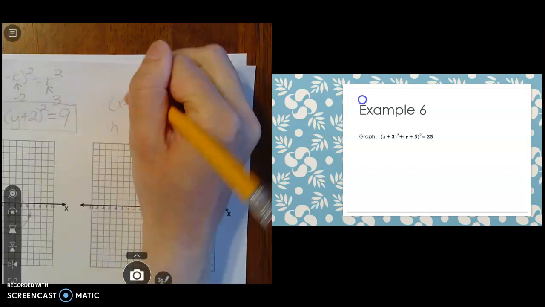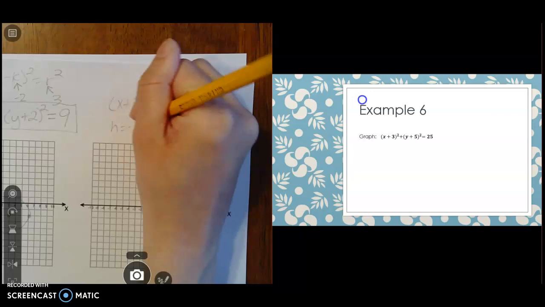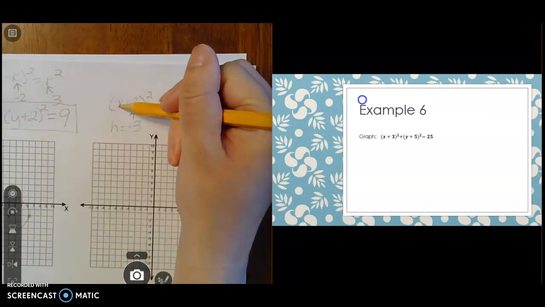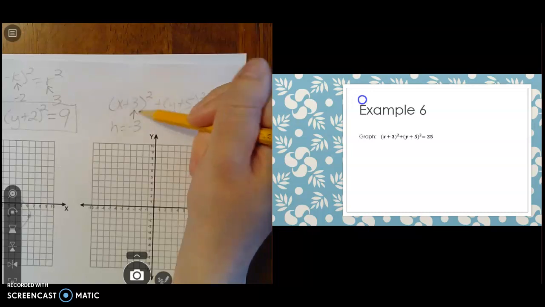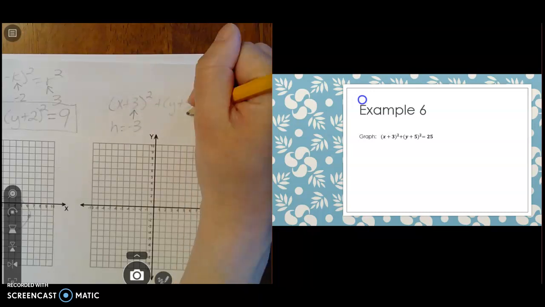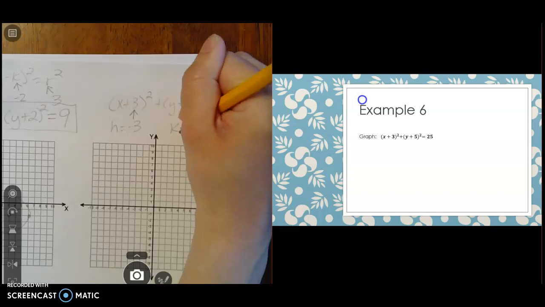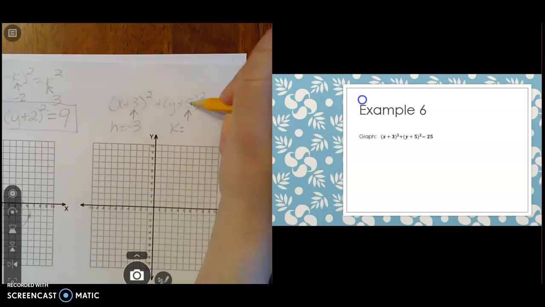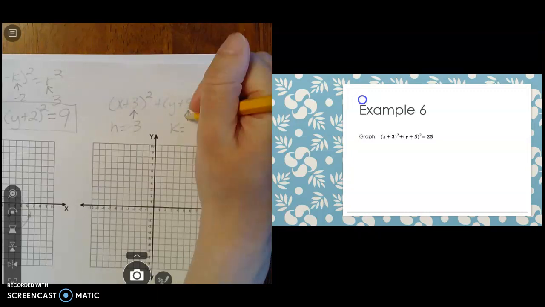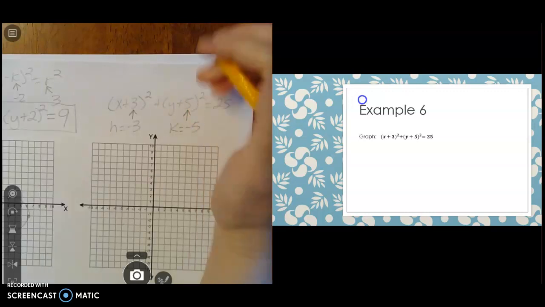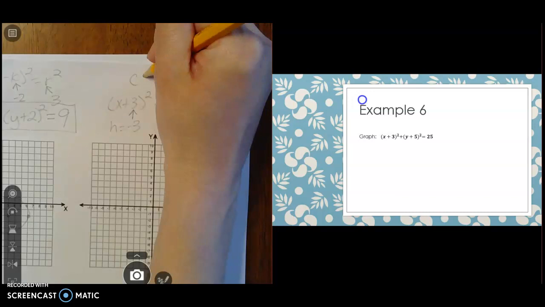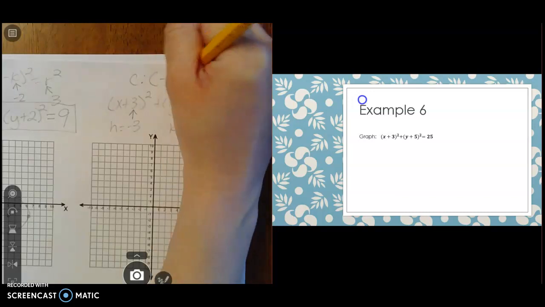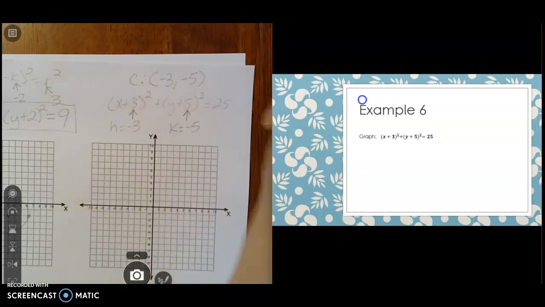That h value is actually not going to be positive 3. It's going to be -3 because of the minus and negative being the same as plus and positive. It'll basically be exactly the opposite sign of what you see here. For the k value, that's the y coordinate of our center, it's not going to be positive 5, it'll be -5. It'll be the opposite, again, of what you see here. So that tells me that the center of my circle is at the point -3, -5.